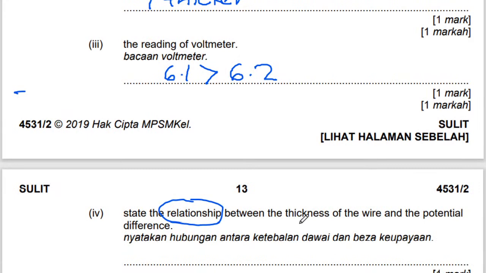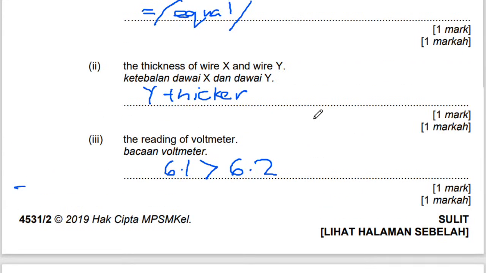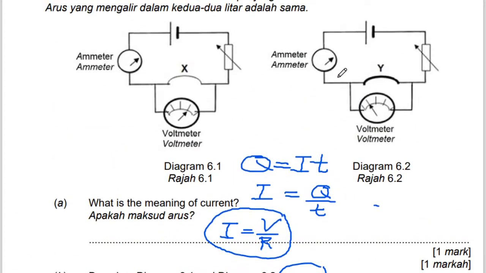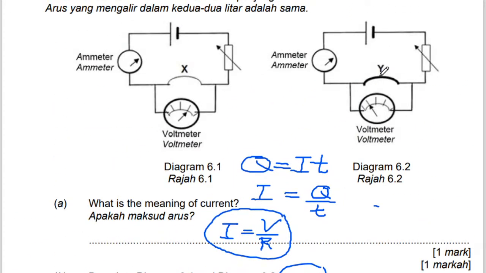Then relate thickness and the potential difference. So you can see, boleh nampak, the thicker the wire, the smaller the potential difference.